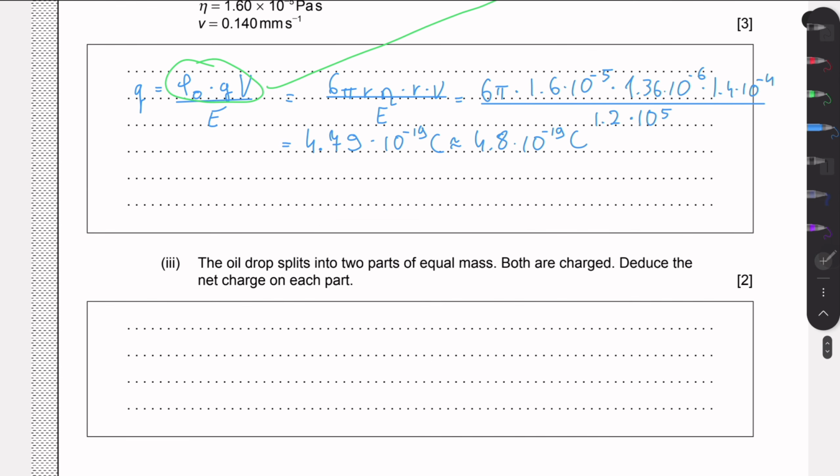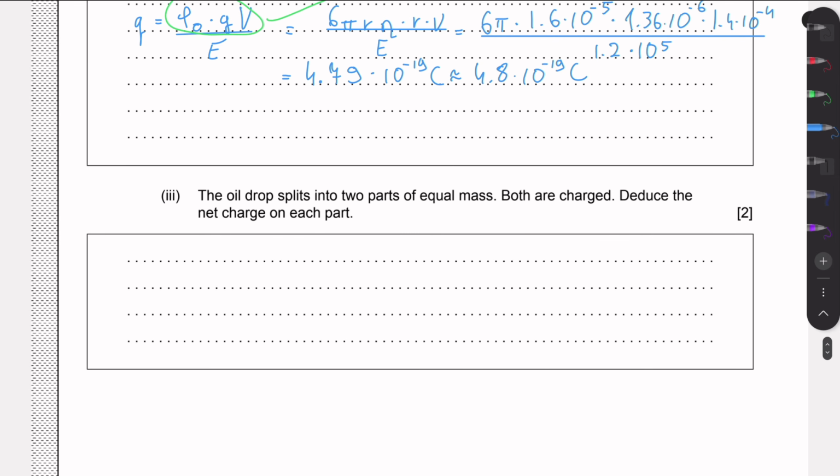And then we are told that this oil drop splits into two parts of equal mass, both are charged. Deduce the net charge on each part. Well, what we need to really remember here is that charge is quantized. So what this means is that whenever something has a charge, it must always be an integer multiple of the standard charge.